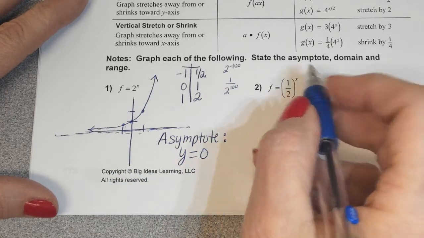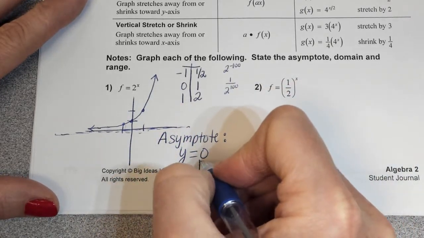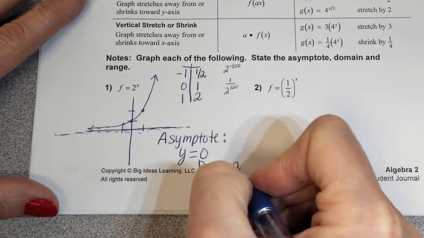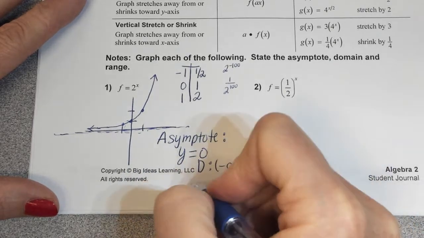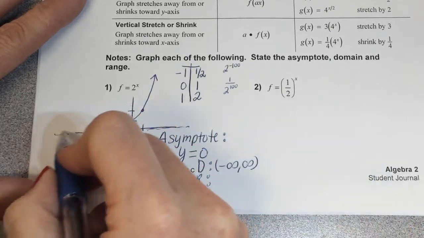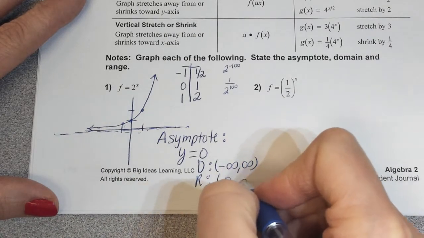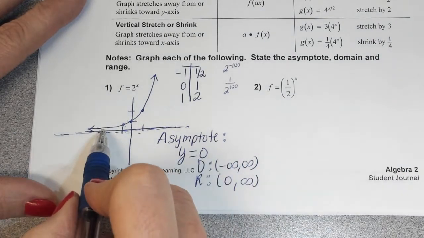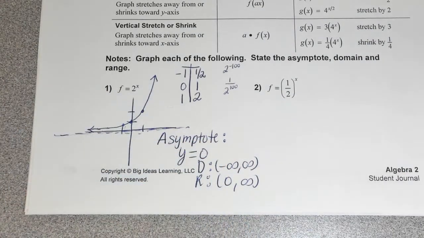And we're also asked to find the domain and range. The domain on this, we can use anything, -infinity to infinity. Our range is going to be, we start at 0, go up to infinity. And it's never equal to 0. It's impossible for an exponential function to equal 0.